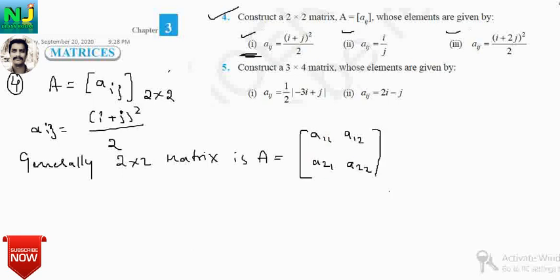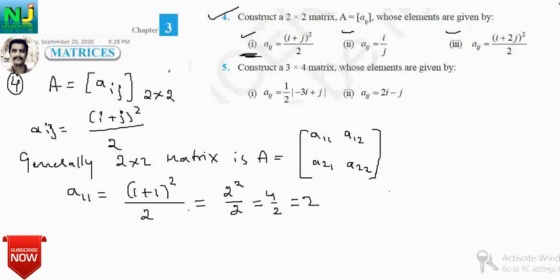So this is the possible matrix. Now we have to find out the 4 elements. What is the first element? The first element is A11. Put i is equal to 1, j is equal to 1. The formula is (1 plus 1) square divided by 2. Simple. So 1 plus 1 is 2, 2 square is 4, divided by 2. It is equal to 2.